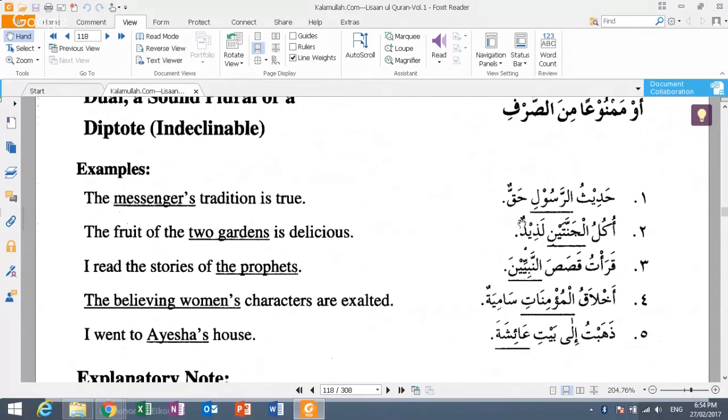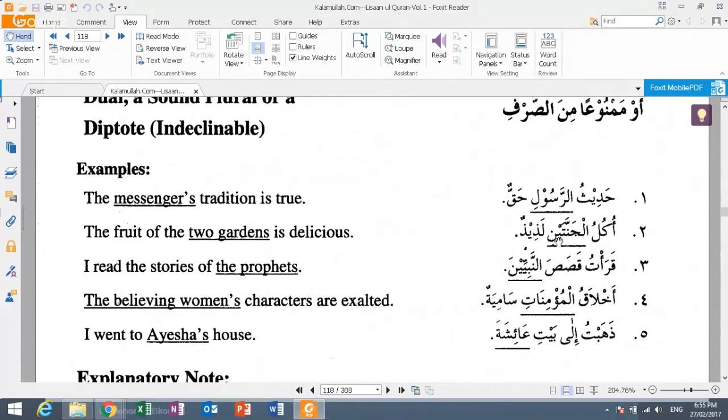Okay, now read the examples. Hadithul Rasuli haqqun. That's clear. Hadith is mudaf, ar-Rasuli is mudaf ilayh. Ukulul jannataini. So, do you see the i'rab of jannatain? Because this is dual and in the jarri case, that's why it is with ya and noon.